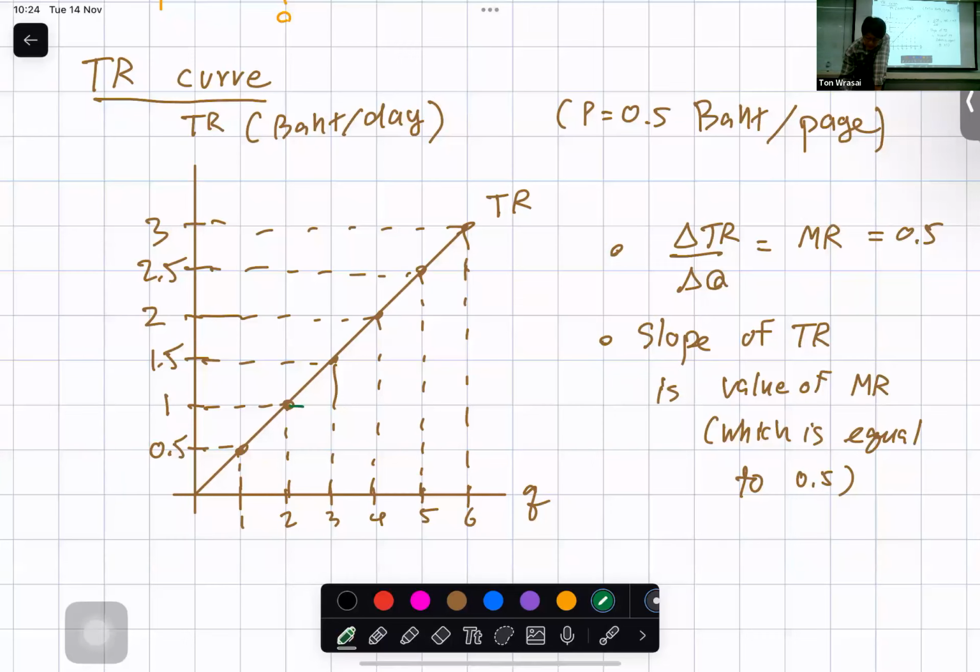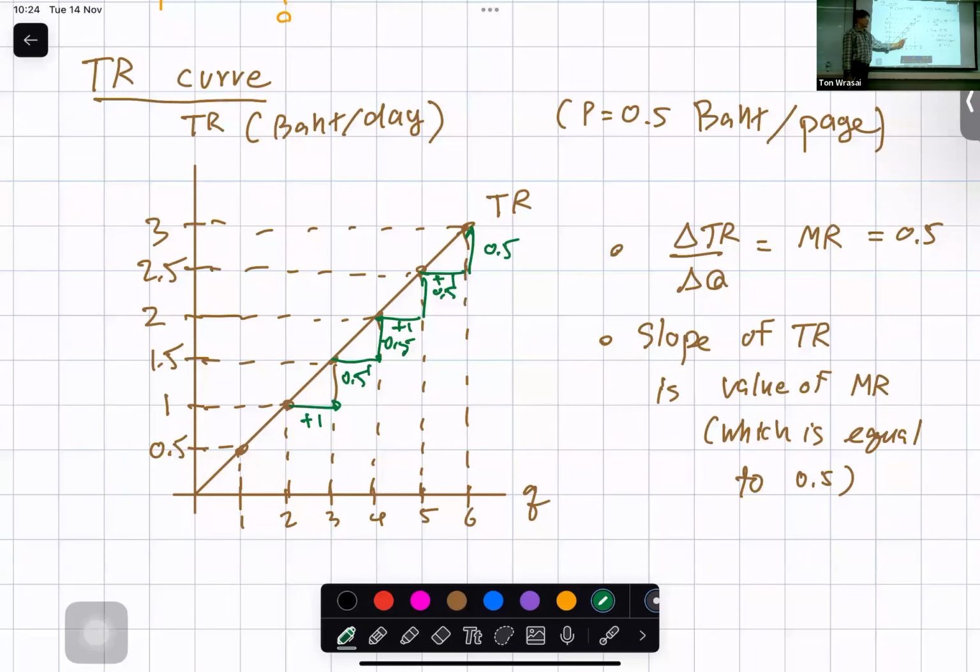So the simulation is easy. Move x by 1 unit, Y increases by 0.5. Change the x variable by 1 unit, the y variable increases by 0.5 all the time.